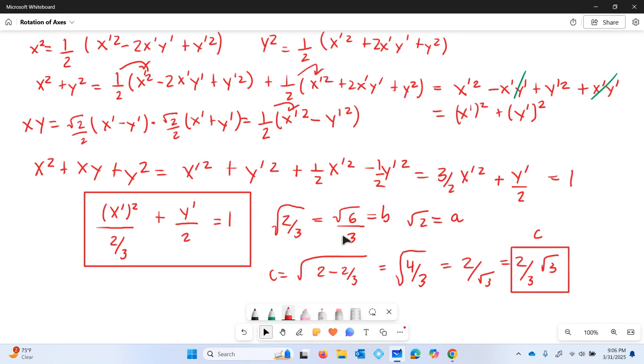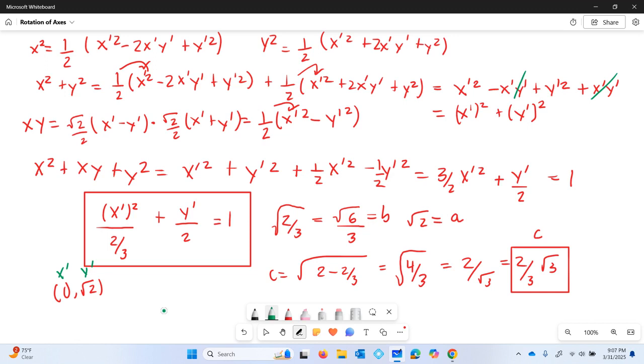But strangely enough, if you were to plug in the vertex, because you now know that one of the vertices is at 0, root 2, but notice that that is x prime and that is y prime, meaning that you could find what the vertex is if you plugged it back in.